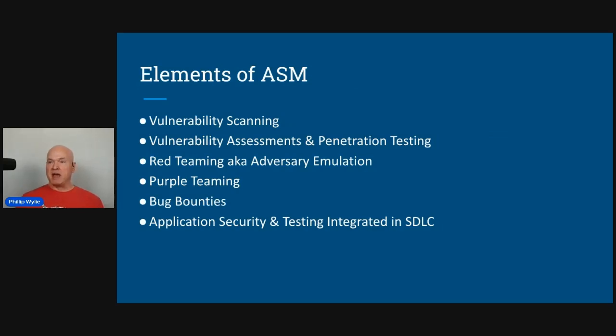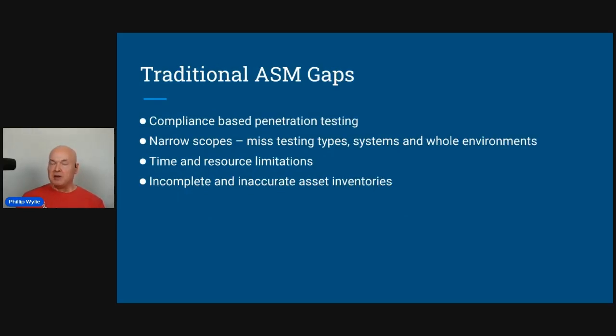So the elements of attack surface management: vulnerability scanning, vulnerability assessments and penetration testing, red teaming, AKA adversary emulation, purple teaming, bug bounties, and application security and testing integrated into the software development lifecycle. With vulnerability scanning, we're doing any kind of discovery, trying to find any assets available.